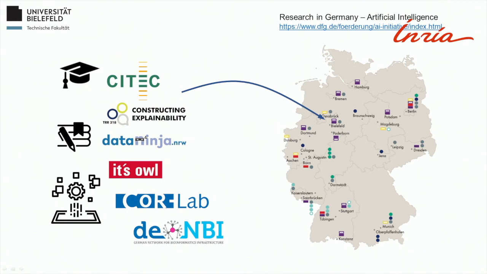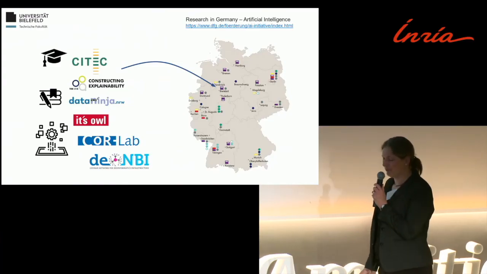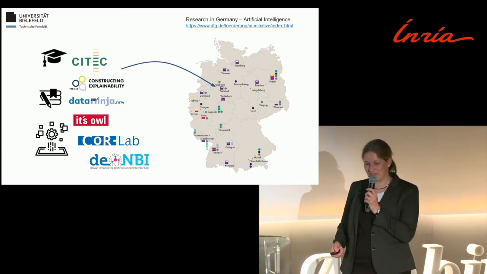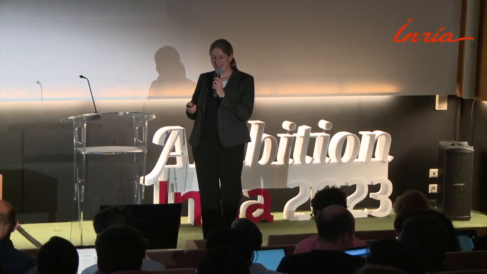And we are also happy that Bielefeld is currently chairing the cloud services and also the project of the German network of bioinformatics infrastructure. So it's a pretty cool area if you find it.